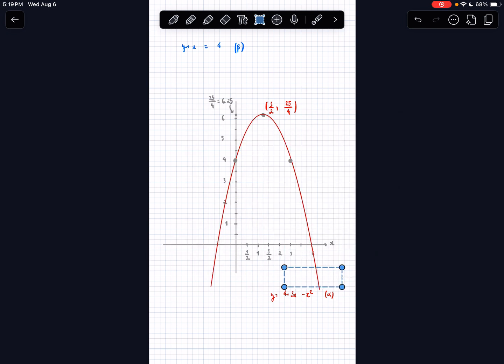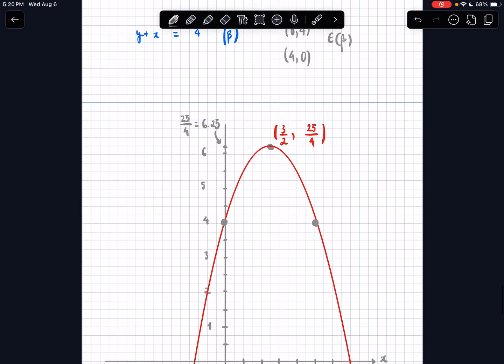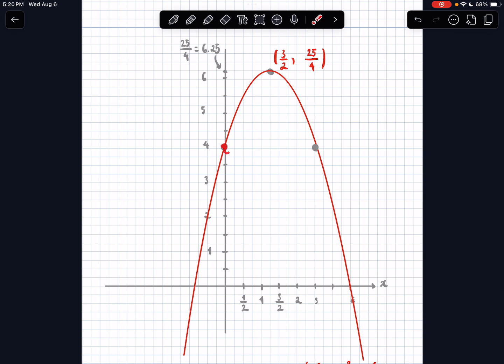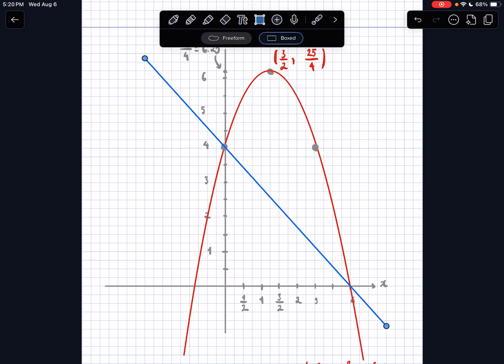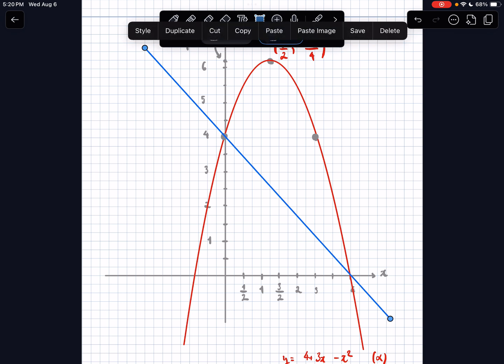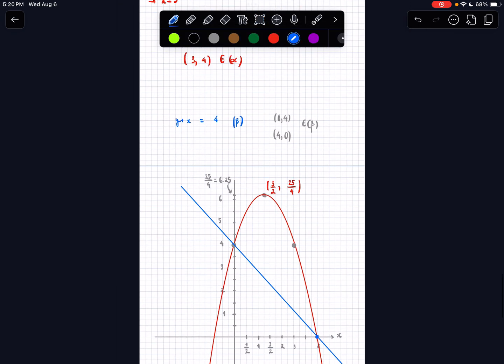And beta: (0, 4) and (4, 0) belong to beta. (0, 4) is here, so we have one intersection point. (4, 0) is here. So this line is beta. So by graphing it, we also see the 2 intersection points.